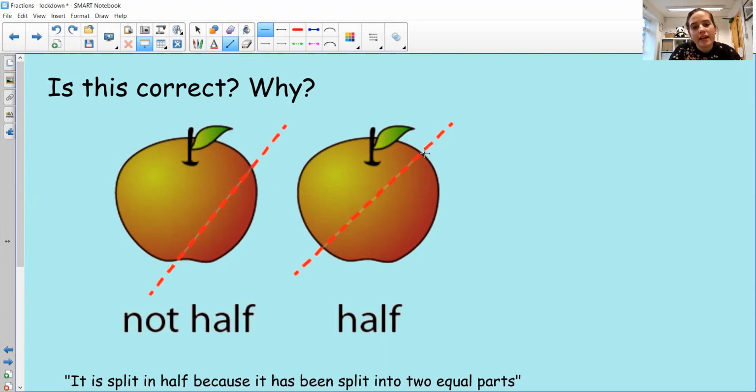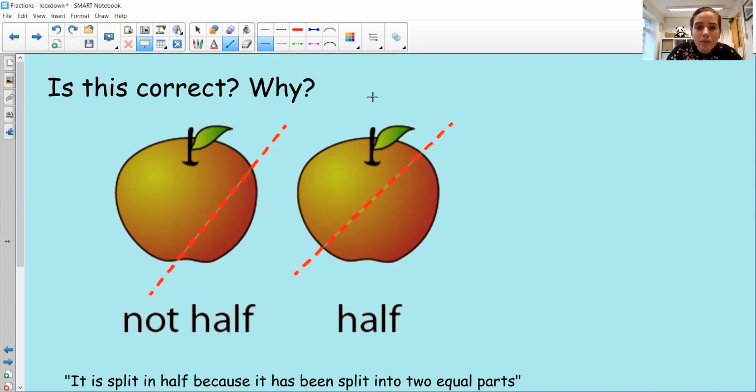We've got a small part here, a very small part, and a much larger part here. But equally here, it's very hard to see, by using that angle, that diagonal line, that actually we have got half. I think arguably this might still be bigger, but it's not very accurate. And when we're talking about half, it needs to be exactly the same on both sides, equal in both parts.